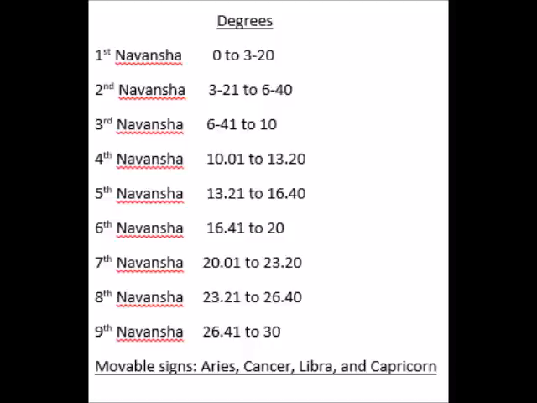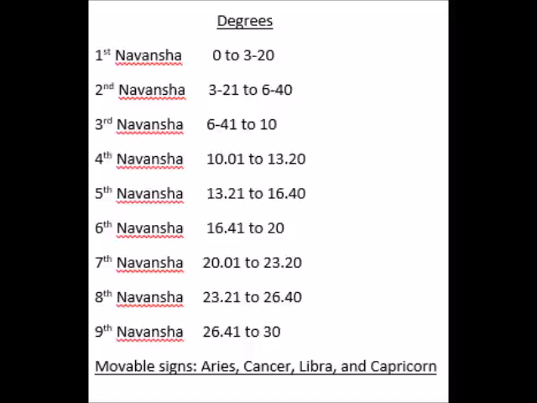So we will calculate the 6th Navansha from Capricorn. Capricorn 1, Aquarius 2, Pisces 3, Aries 4, Taurus 5, Gemini 6. Actually it is 6.